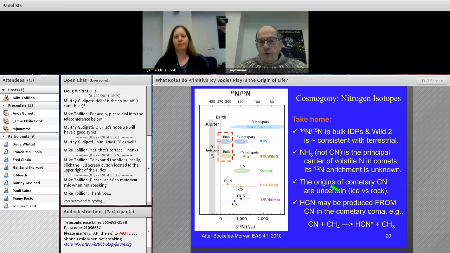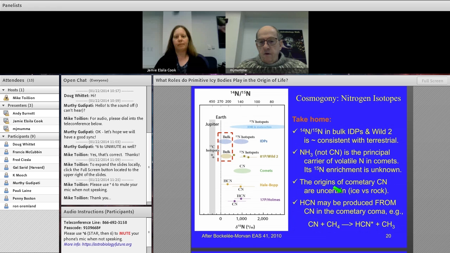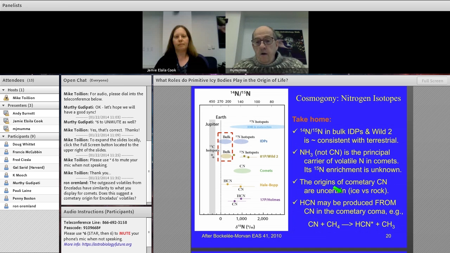The next point, which people often tend to forget, is that the origins of cometary CN are uncertain, which comes up to the point that was just made, namely CN can in part come from ice, like HCN dissociation of a precursor, or from the rock. The dust grains are correlated. CN jets in various comets are correlated with dust grains, and so this raises an issue as to whether the CN is in fact really a faithful measure of the overall bulk in a comet, or whether once we begin to measure ammonia, we'll see a different value.